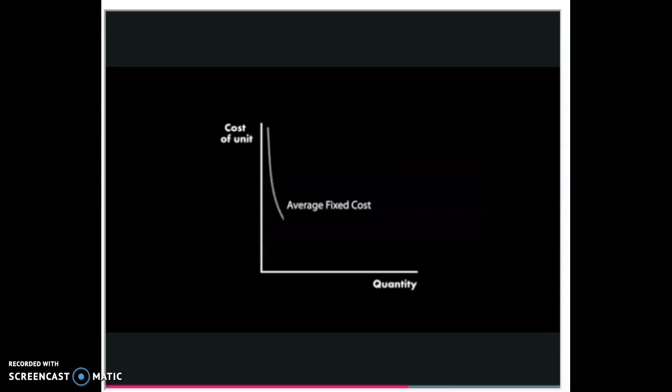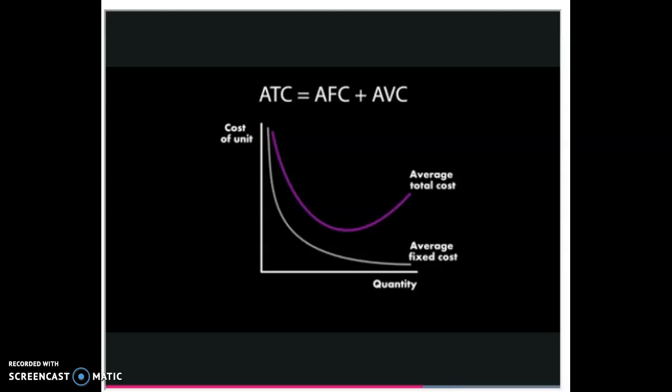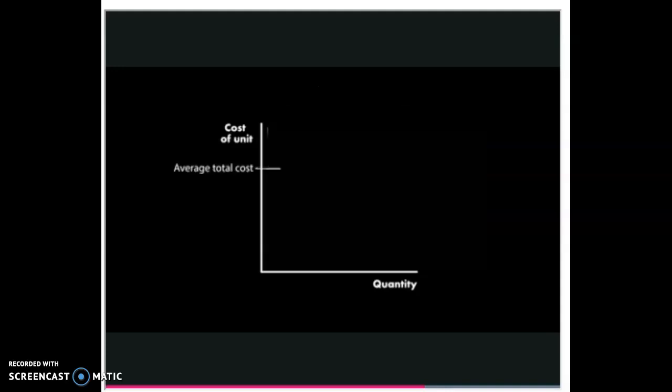The average fixed cost does nothing but fall as the quantity increases because the total fixed cost stays the same. So as the quantity increases, that simply brings the average down. The average total cost is the sum of the average fixed cost and the average variable cost. So it begins high because the average fixed cost begins high.